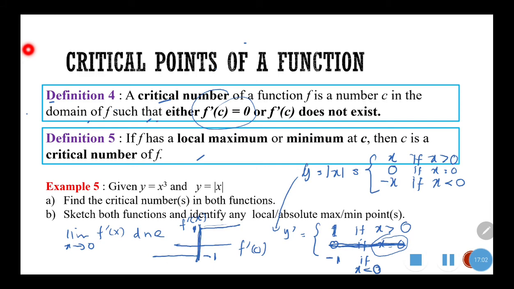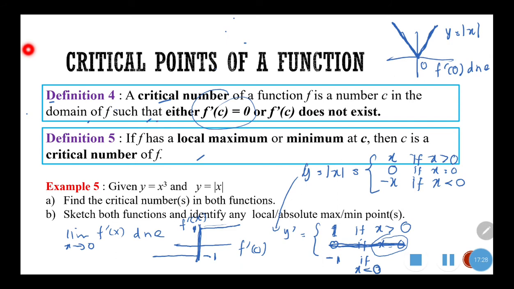Because the function dia macam ni. This is y equals to modulus x. So 0 is a corner point. Okay, so meaning that f prime 0 does not exist.